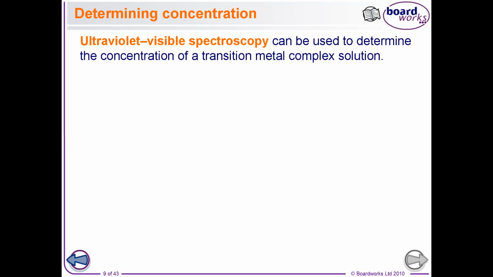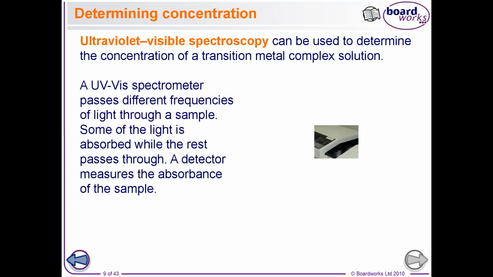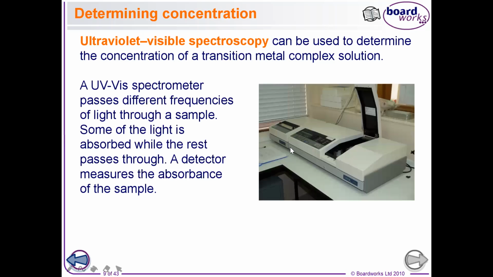Okay. Now, ultraviolet visible spectroscopy can be used to determine the concentration of a transition metal complex solution. Actually, this is an old type. There is a new type of spectroscope.